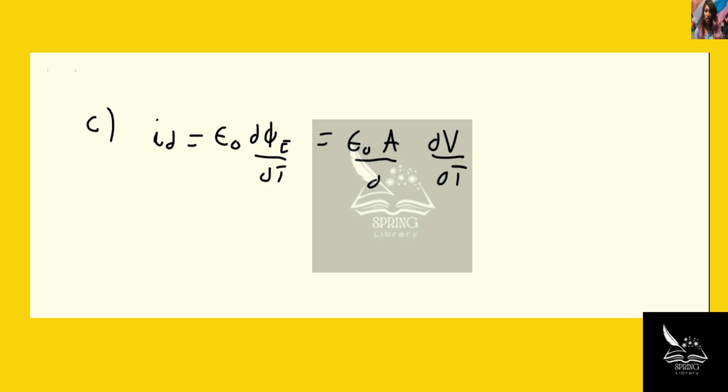And we have V for the EMF generator, so this is equal to epsilon 0 A divided by d times omega cosine of omega t times the EMF value, epsilon m.